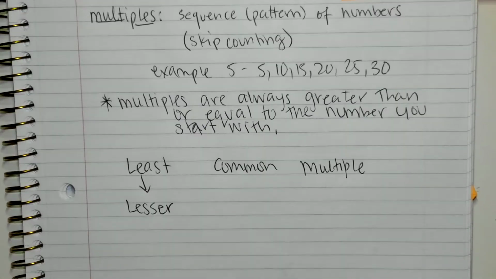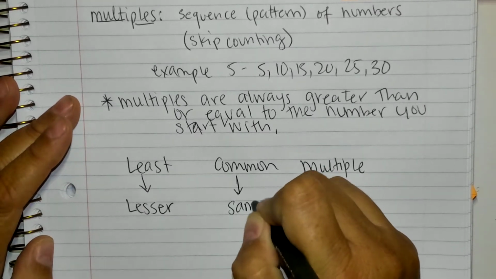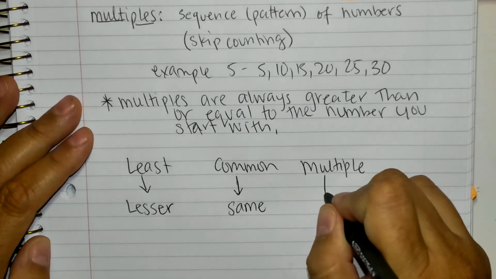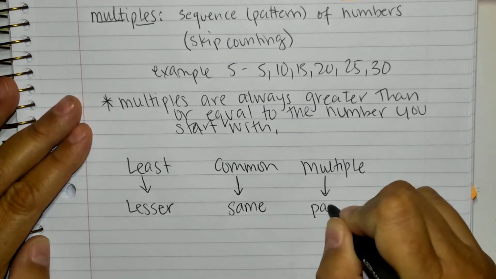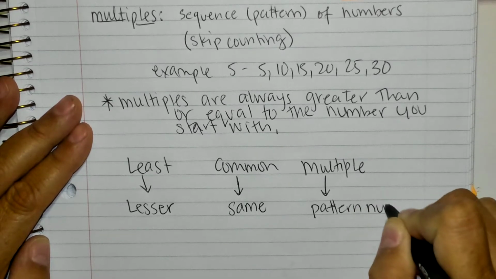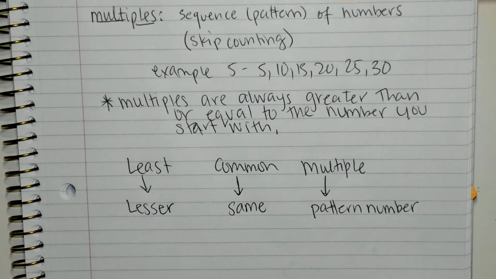Lesser, or the smallest. Same, when you're comparing 2 or more numbers. Multiple is a pattern number, or a skip counting number, or a sequence number. Okay?